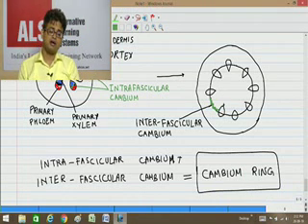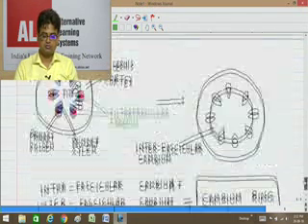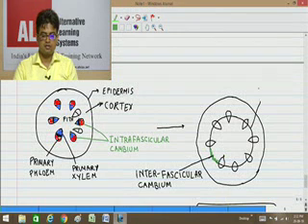This is the complete cambium ring. Now I can also call it the cambium ring. This is the cambium ring.